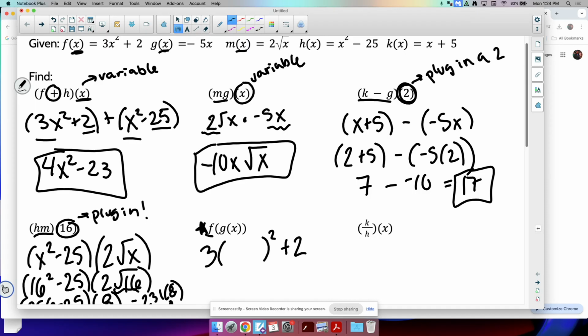So f's equation is 3, whatever you're being told to plug in, squared plus 2. So do you see how we just took our f equation and instead of an x, what did I put there instead? You put in one. Parentheses. So you start with just parentheses. Now you go back. What are we being told to put in those parentheses? G. What is G's equation?